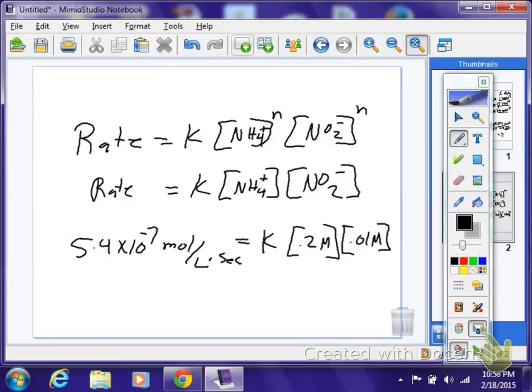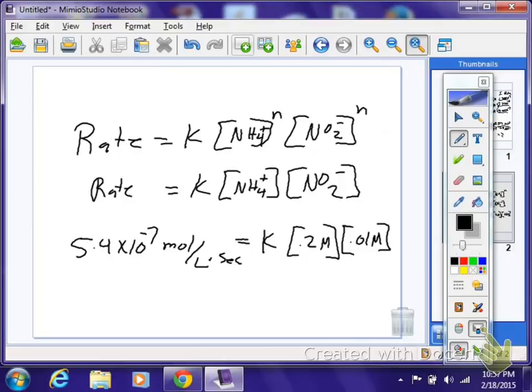So what we're going to do is calculate K. All right? Of course we know to isolate K, we divide both sides by those concentrations. And we're going to make sure we write these units correctly.